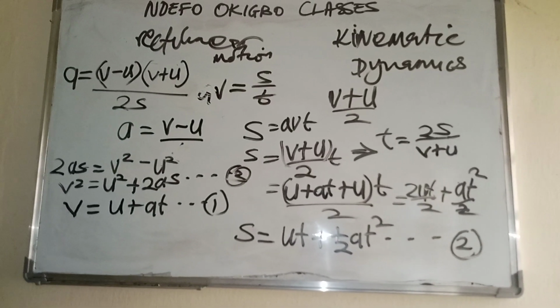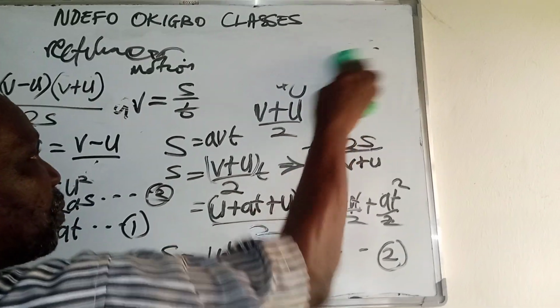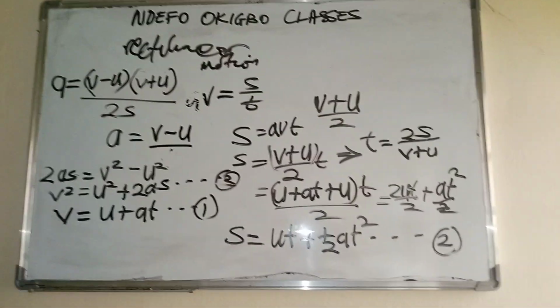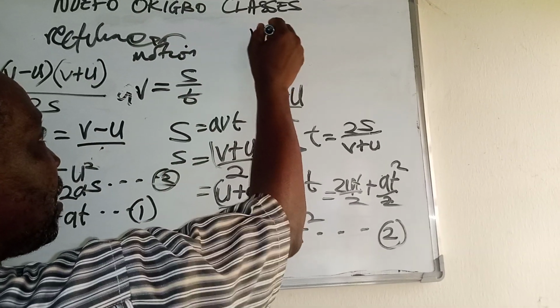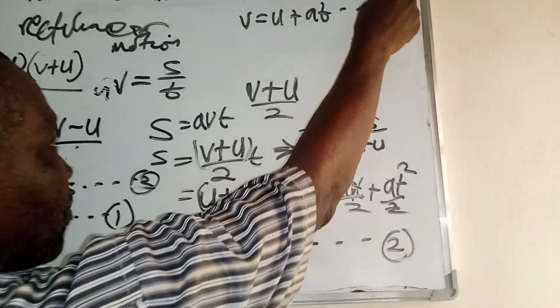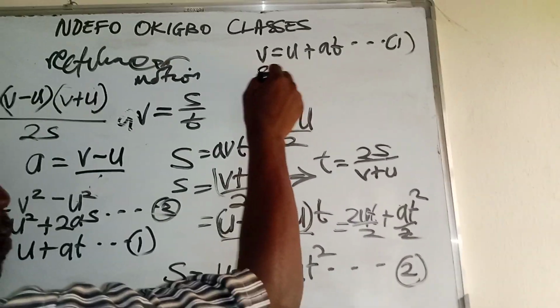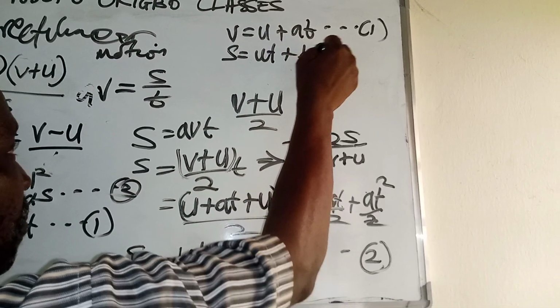So I have been able to get the three equations of motion. Equation 1: v is equal to u plus at. Equation 2: s is equal to ut plus half at squared.